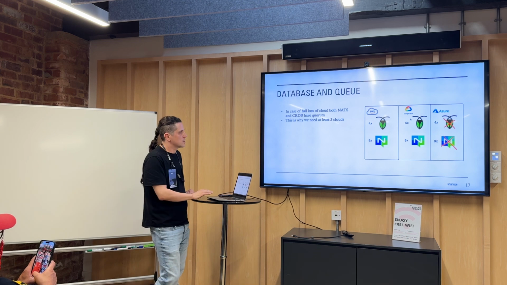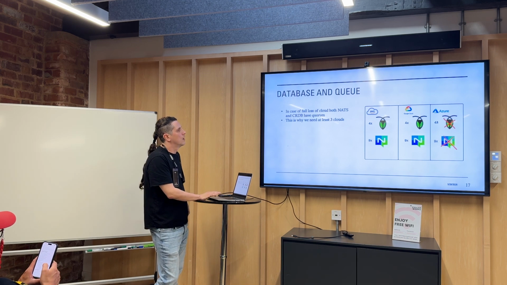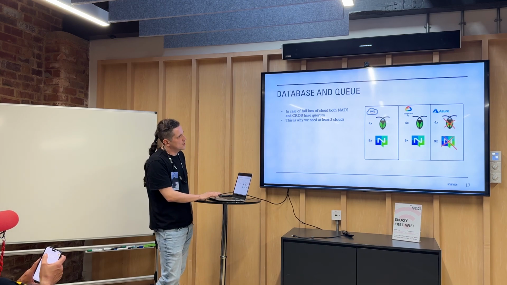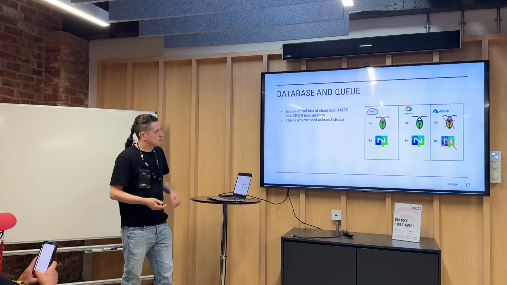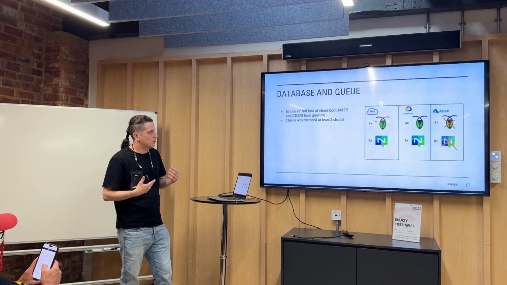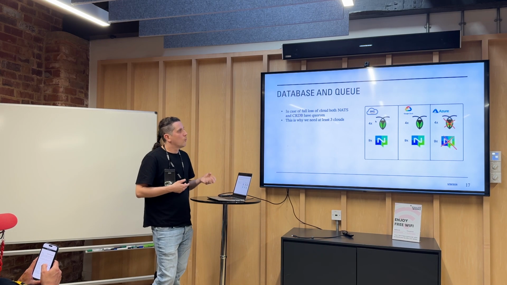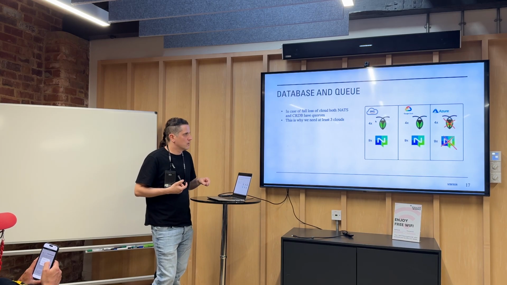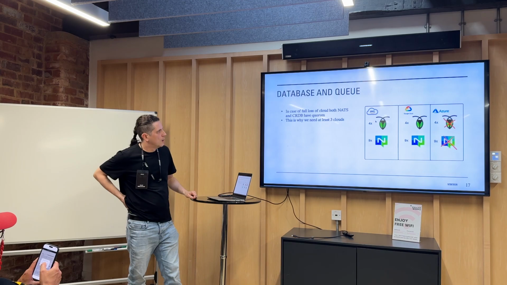In this case, for example, if Azure goes down, it cannot connect to either AWS or GCP, but AWS sees that it can connect to GCP, so it's the healthy one, and it can still read and write to Cockroach and to NATS, while Azure cannot, and so the writes are not permitted, or reads, I think, as well.